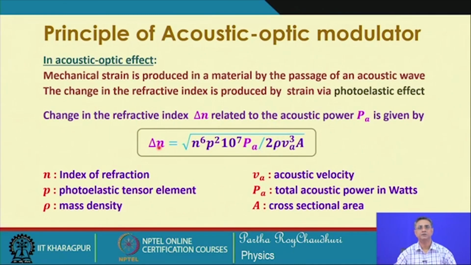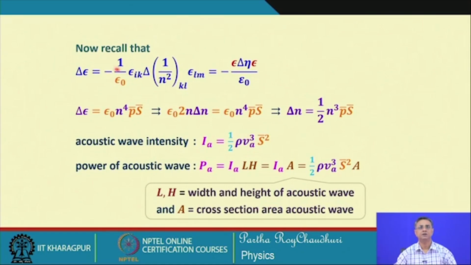To get this equation, let us recall the permittivity relation, which is given in terms of the impermeability change, and delta epsilon is equal to n to the power of 4 p s, which we have seen.